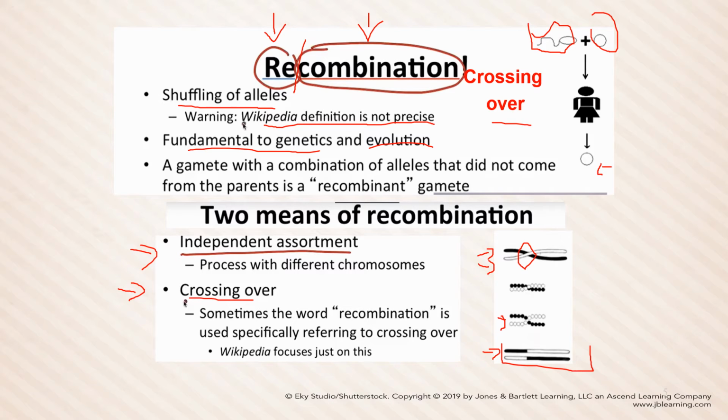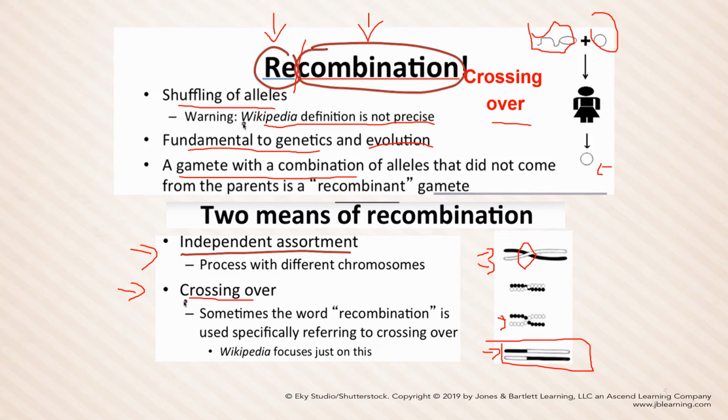A gamete with a combination of alleles that didn't come from its parent is a recombinant gamete. So if you see now, you have a mix of pieces of chromosomes that didn't come from its parents, and we will talk more about that in a second.